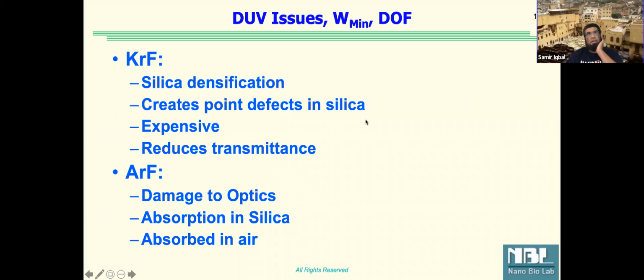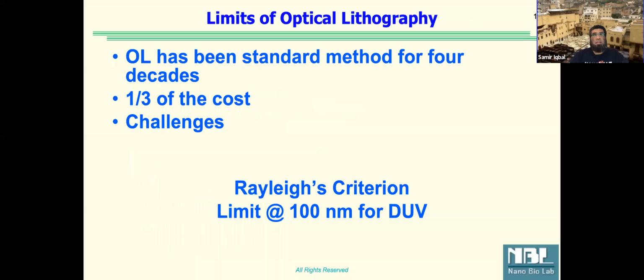There are other light sources that have been used, but they all had problems. Either the lenses were very expensive, or the transmittance got reduced. So these are a few light sources that have been used. As of now, or rather 15 years ago, they could make 100 nanometer by using just deep UV, right, in that wavelength.